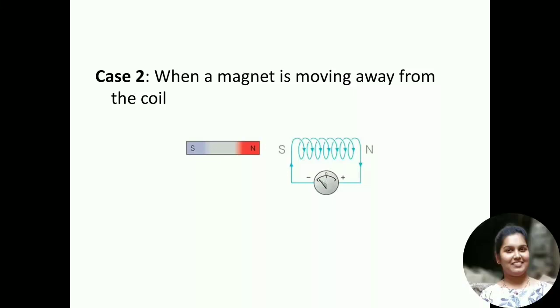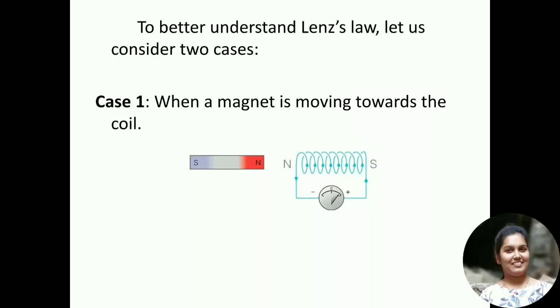Once we know the magnetic polarity of the coil side, we can easily determine the direction of the induced current by applying the right hand rule. In this case, that is in case 2, the current flows in the clockwise direction. So that's why the pointer in this meter will move from the left hand side to the right hand side.